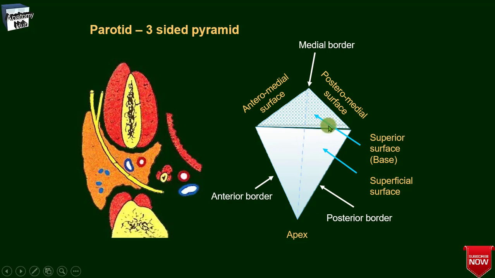And here you can see, though it is a conical shape, you will find the anterior border, this is your posterior border, and here you will find the medial border. This medial border divides this surface into an anteromedial surface and a posteromedial surface, and this surface is your superficial surface.